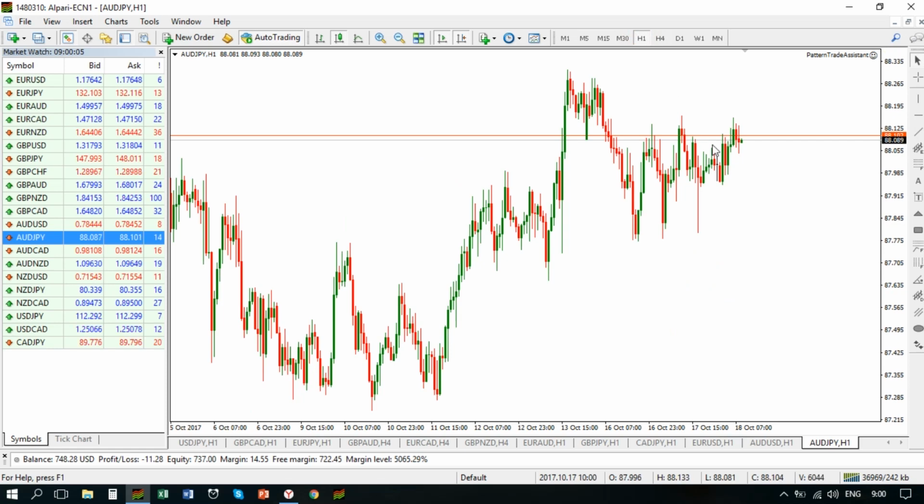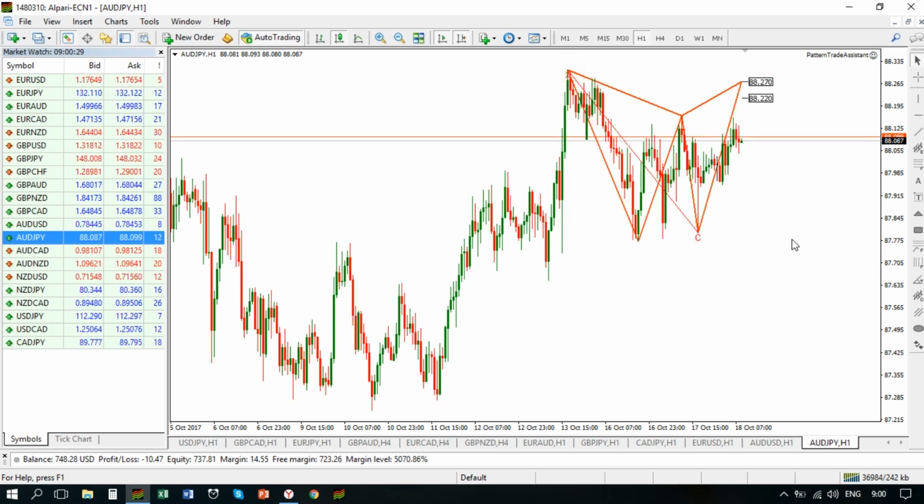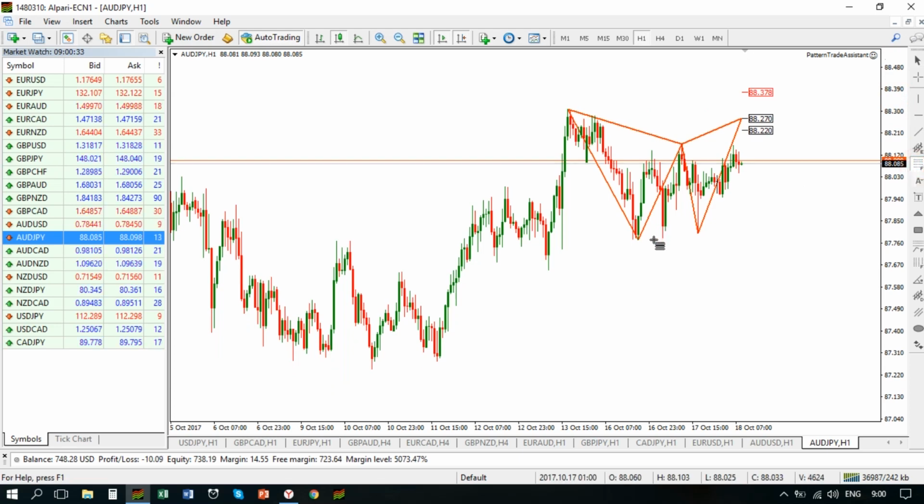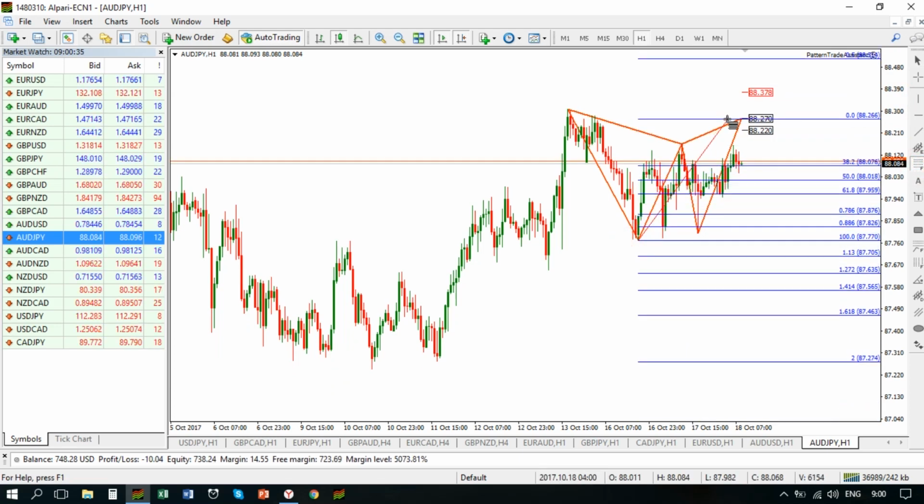Aussie yen 1 hour. Perfect. I would draw it this way from here to here, but it can also be drawn this way from here to here, and it also stays valid, but to me it is better looking from here to here. The most recent swings. So let's go next.